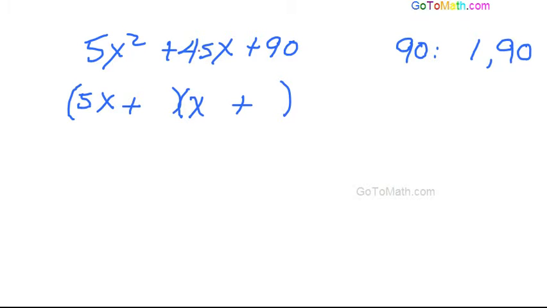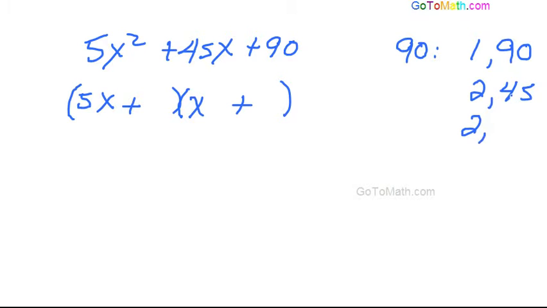We have to get 45 here. We're going to be adding two numbers together to get 45. So let's break this 90 down. We know that 90 is 2 times 45. Now, if I put the 2 here and a 45 here, that's not good. That's going to be more than 45, isn't it? So we're going to need to really bust this thing up.